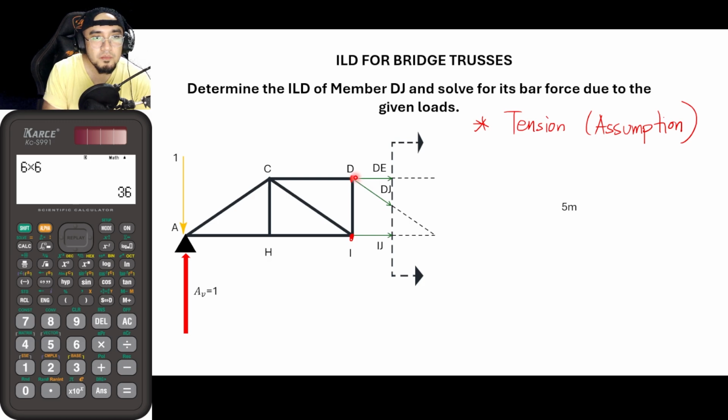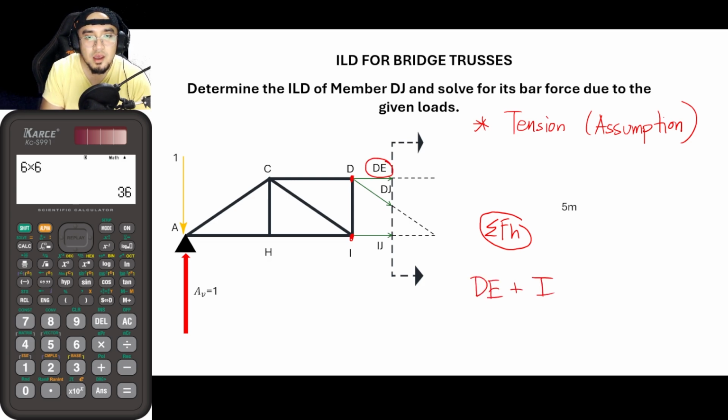So for the bar force DJ, how could we solve for it? So there are plenty of ways to solve for bar forces. You could make use of summation moment, summation forces horizontal, or summation forces vertical. So if I am to choose summation forces horizontal, this is actually ill-advised in our scenario right now, because if we would be making use of summation forces horizontal, we have here DE plus IJ plus the horizontal of DJ.